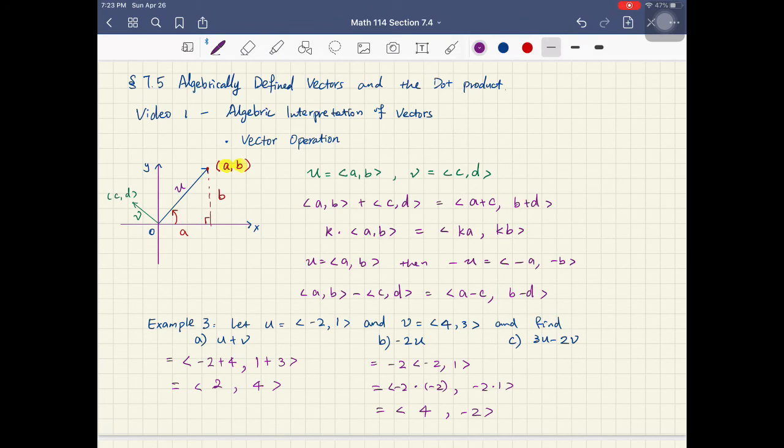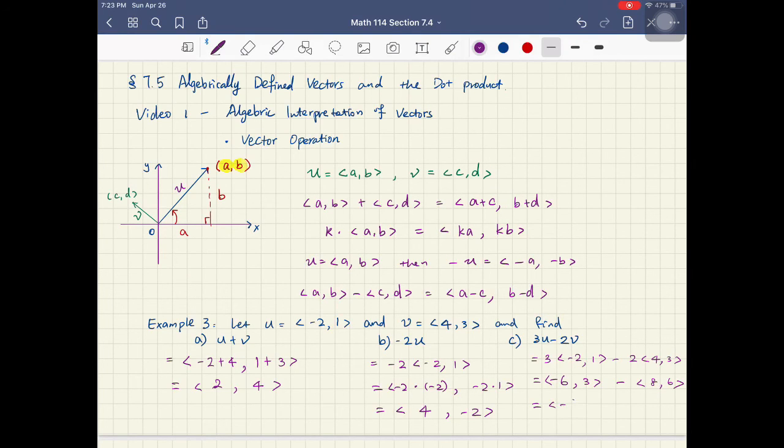And then the last one, 3u minus 2v. So 3 times negative 2 comma 1 minus 2 times 4 comma 3. So we got negative 6 comma 3 minus 8 comma 6.